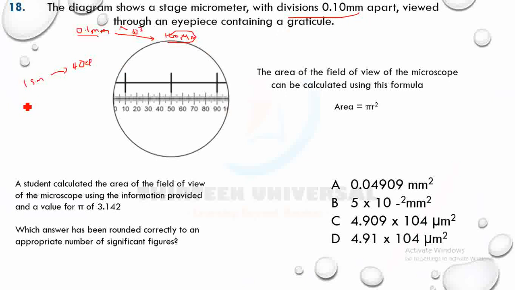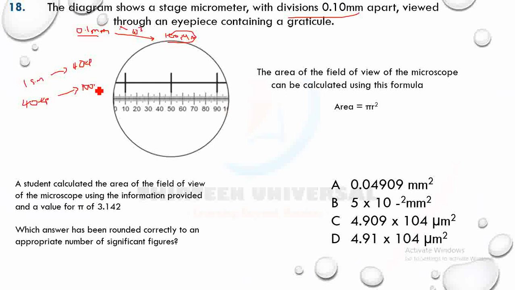So I can say in another way that 40 eyepiece graticle represents my 1 SM, which is equivalent to 100 micrometers.